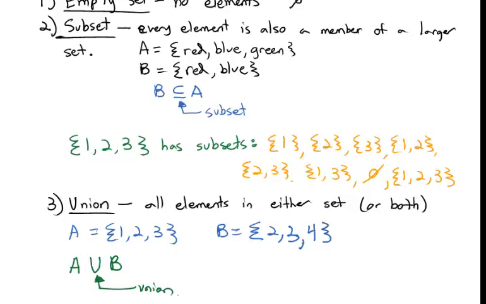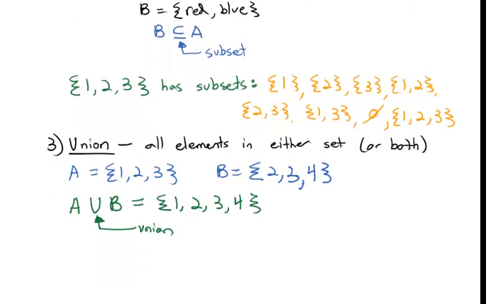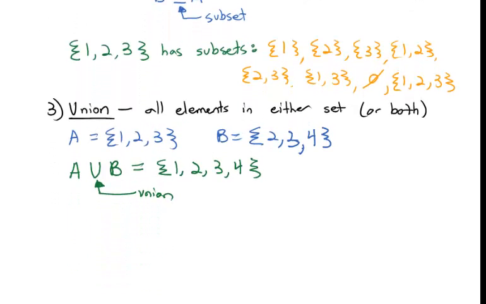It looks like a capital U, probably more like a horseshoe in that it's really skinny. Would be all the elements in either set A or set B or both, and we see 1, 2, 3, 4 in those sets. Often union is associated with the word or. Is it in set A or set B? Union is the word or.